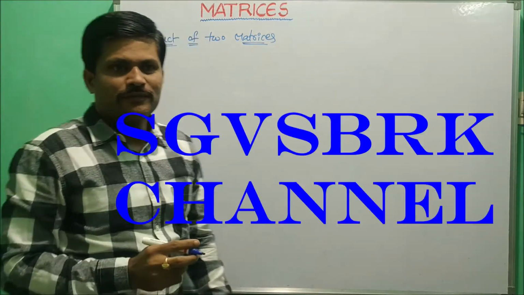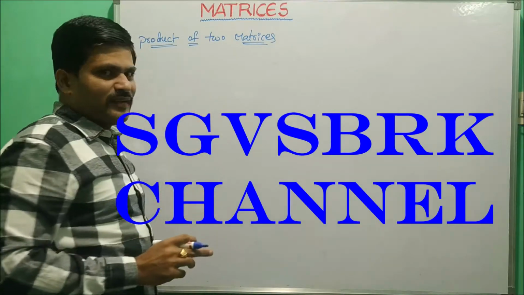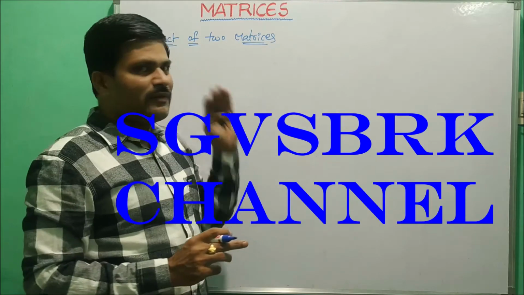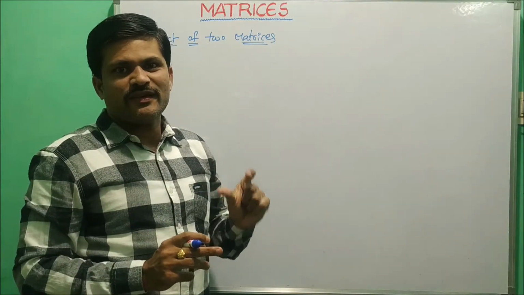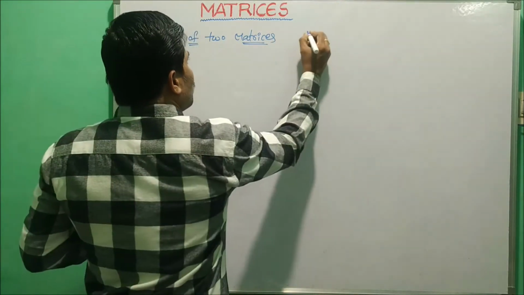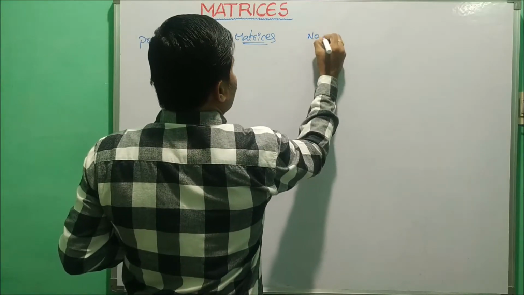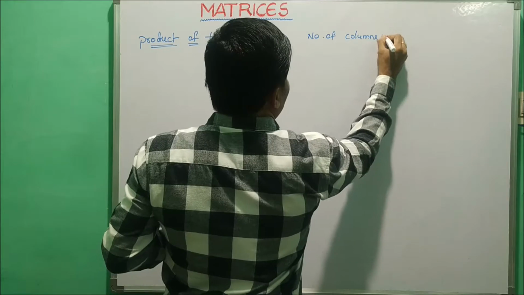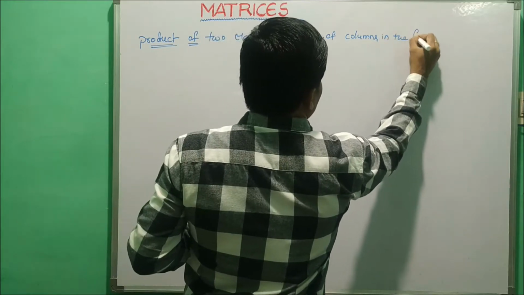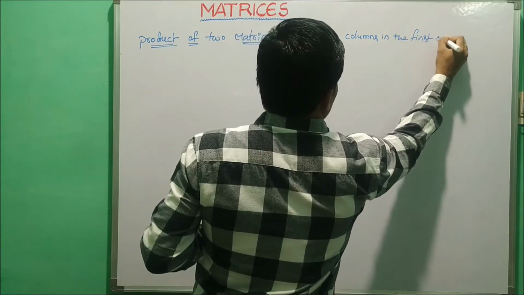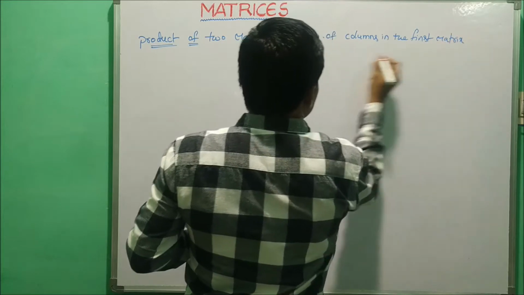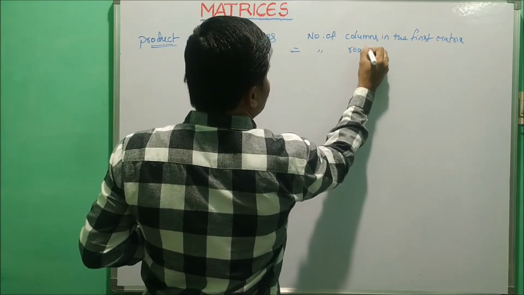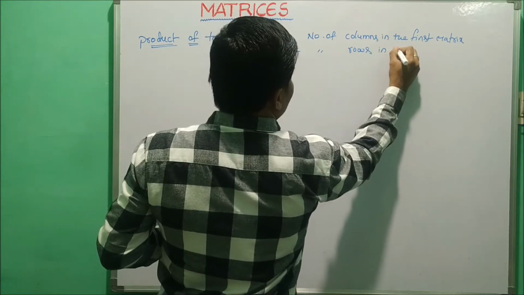Multiplication between matrices will exist if the number of columns in the first matrix is always equal to the number of rows in the second matrix.